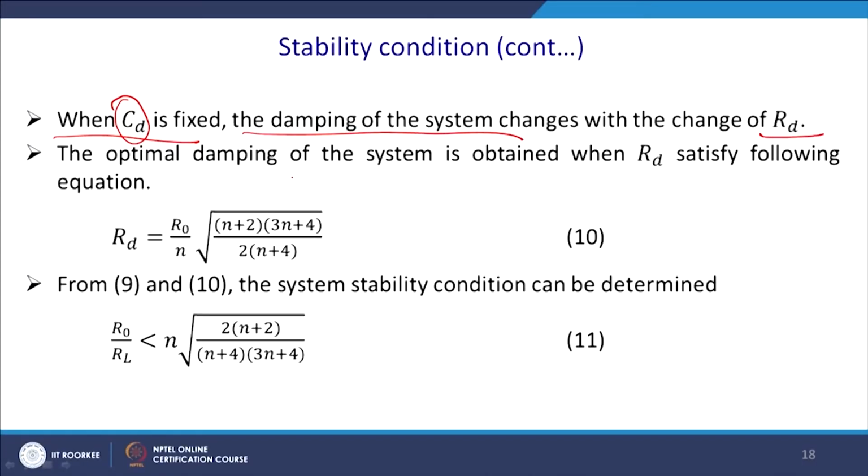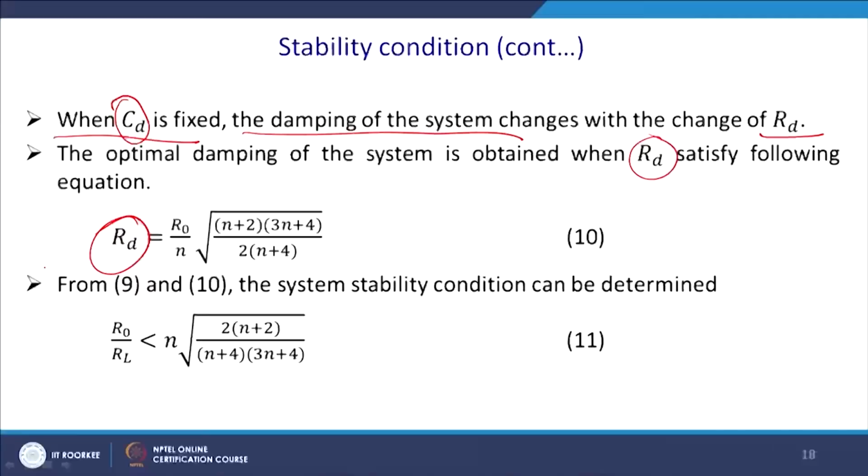The optimal damping of the system is obtained by R d satisfying the following equation, that is R d equal to R 0 by n under root of n plus n 2 n plus n 4 by 2 n plus n 4, where n is the ratio of C d by C, and this is the value of the R d you will get.